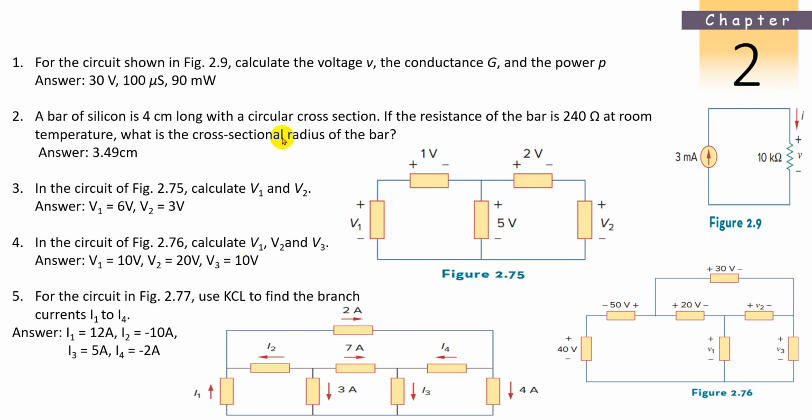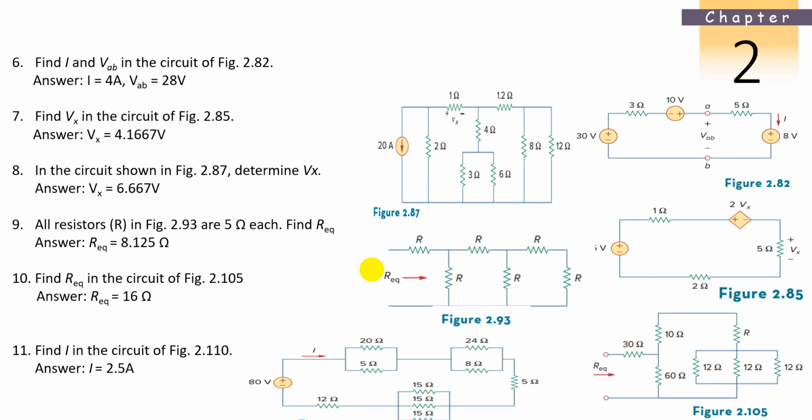Now we have some problems which are given. All are based upon Kirchhoff's voltage law, Kirchhoff's current law and Ohm's law, and all these problems are related to these equations only. One thing we have to see is that you have to complete the circuit step by step.